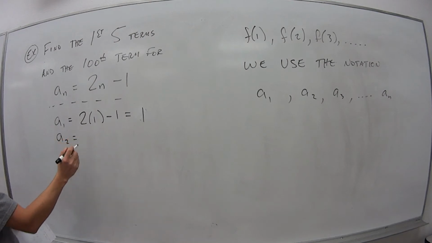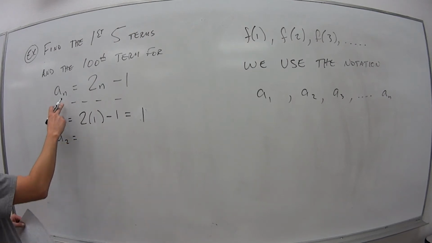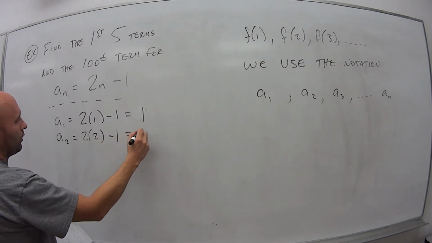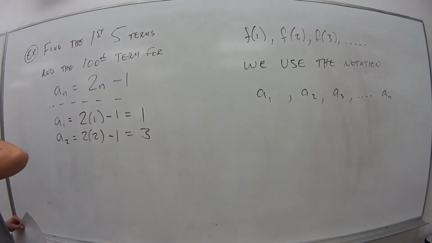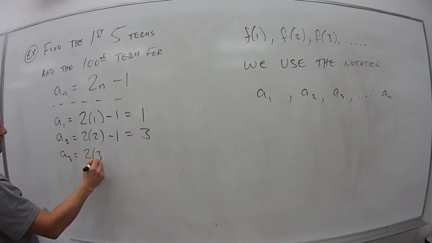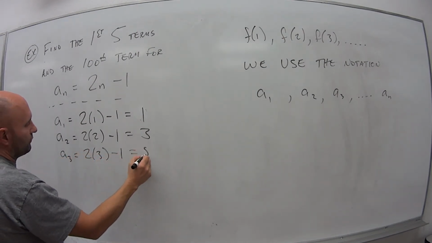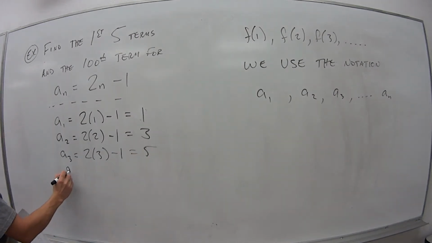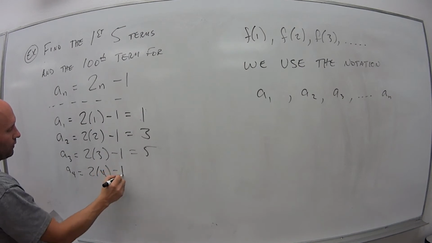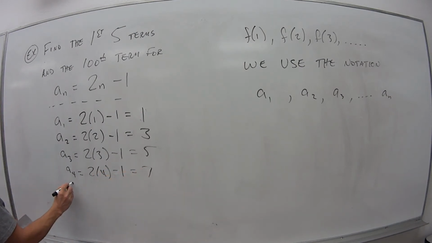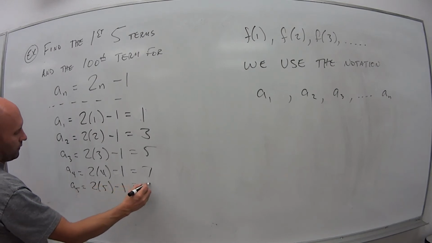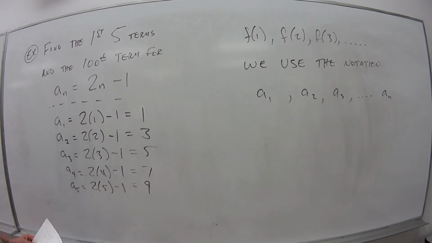A of 2 is equal to what? Well, now we've replaced the n with a 2. So 2 times 2 is 4, minus 1 is 3. A3. So that's 2 times 3 is 6, minus 1 is 5. A4 is 2 times 4, which is 8, minus 1 is 7. And A5 is 2 times 5, which is 10, minus 1 equals 9.